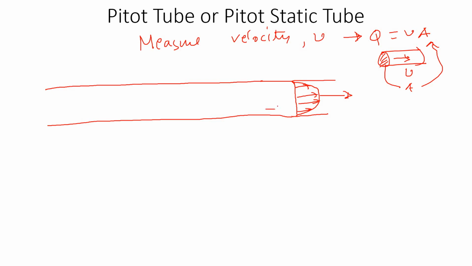When the fluid is flowing through this pipe, the particle that touches this wall has a zero velocity. So the velocity at the wall is zero. And the highest velocity would be at the middle. So this is where the velocity is max. The velocity profile will look something like this. It's going to be zero at the wall and it will increase toward the middle.